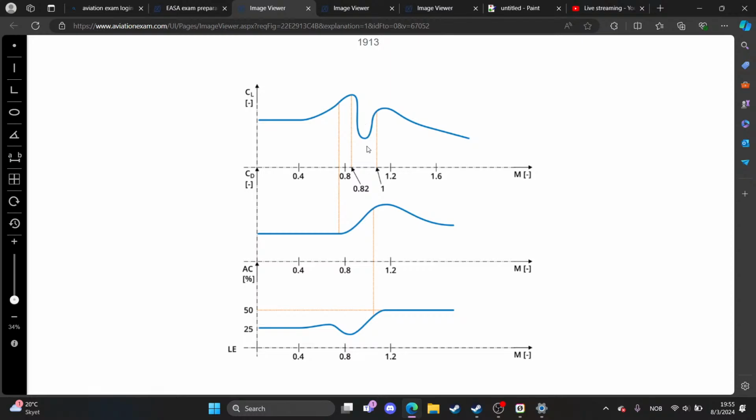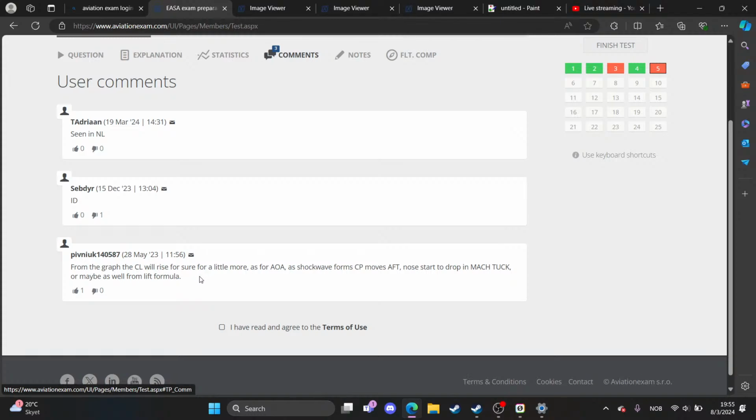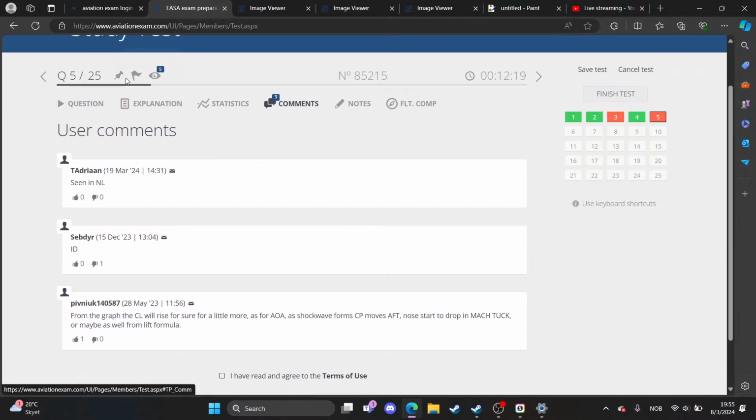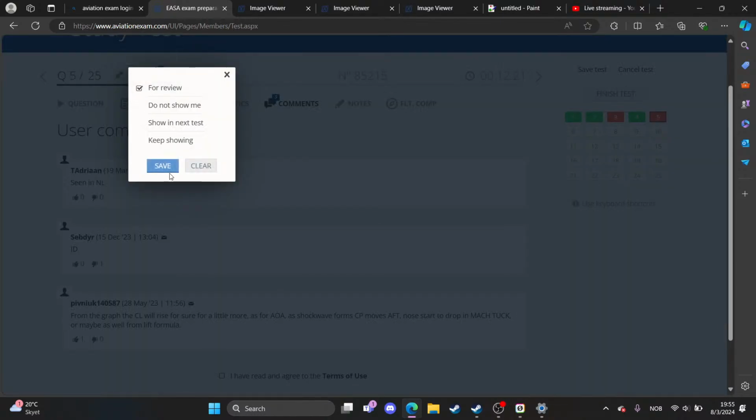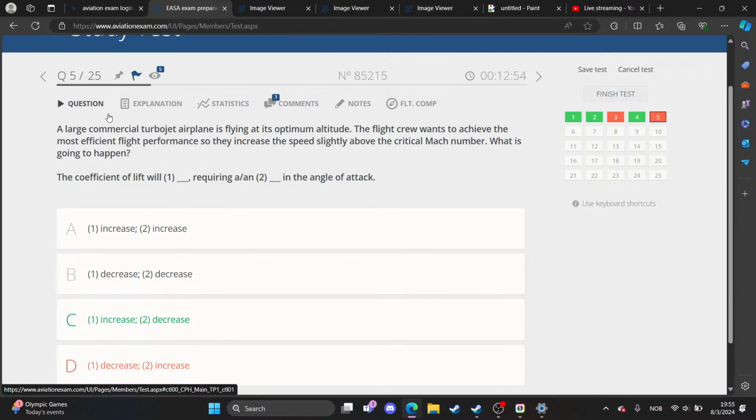You increase it slightly, you reduce coefficient of lift. This one doesn't make any sense.